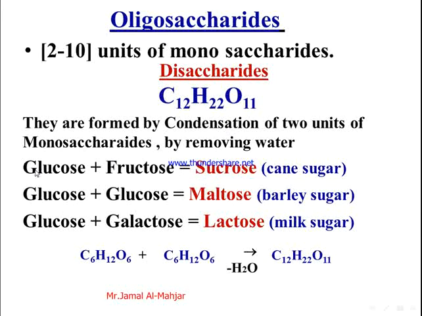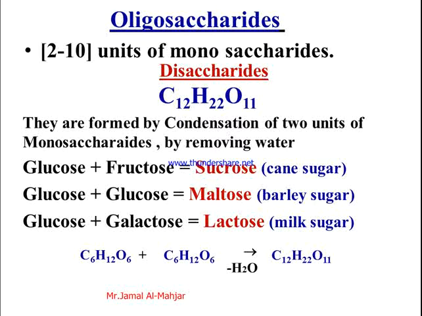Look, how can you memorize it? This is GFS or GGM or GGLA. Now this one is sucrose, maltose and lactose. You have to know the other names and the monosaccharides that are included in their structure.